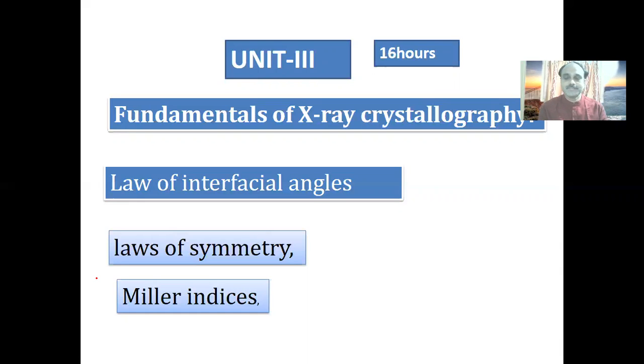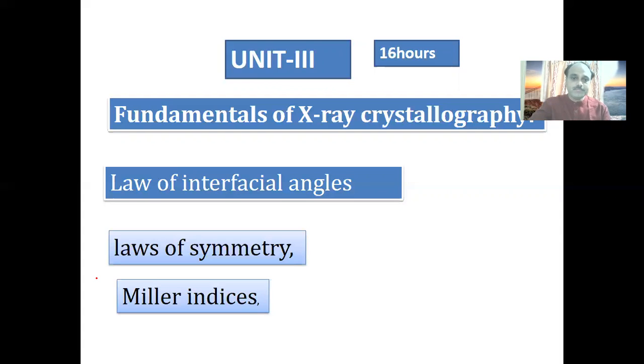And what are the different concepts like unit cells, lattice, basis, lattice plane, and the Bravais lattices? You have studied all that in the previous undergraduate courses. So we have to commence from the concept called the law of interfacial angles.